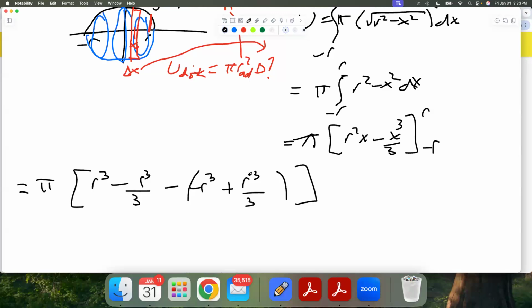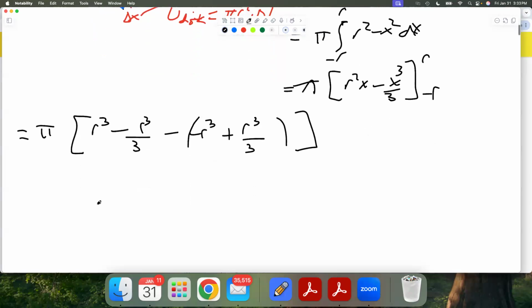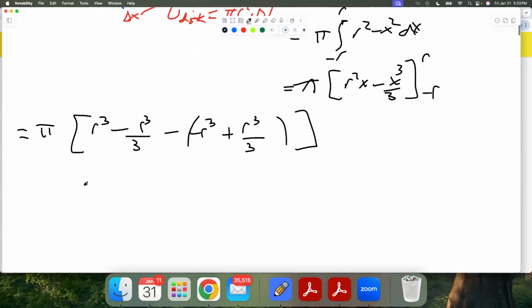Now I got to distribute this minus. So this will be pi. I mean, I guess we could clean this up. Nah, let's not clean it up yet. We got r cubed minus a third r cubed plus another r cubed minus another r cubed over 3.